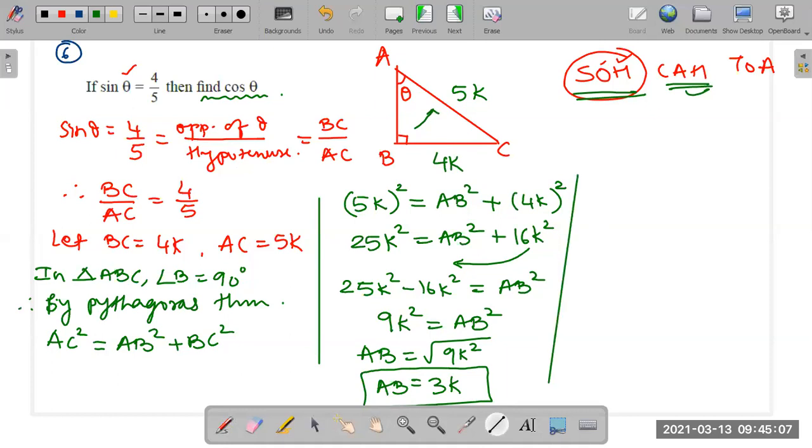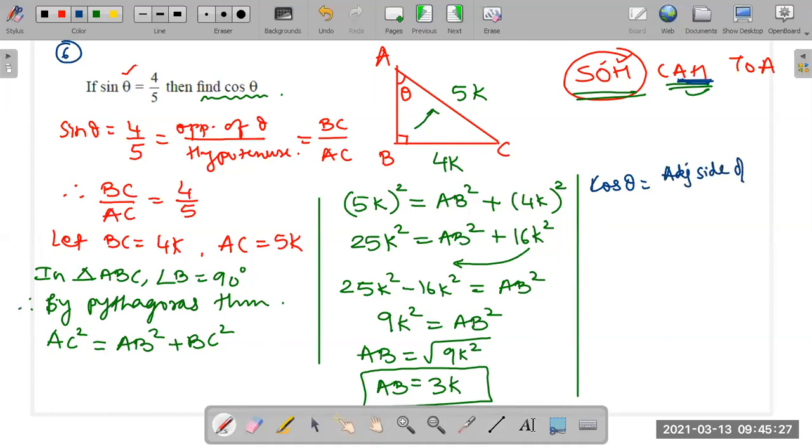And now we can easily find cos theta. What is cos theta? Cos theta is CAH, where A is the adjacent side and H is the hypotenuse. So the adjacent side of theta upon the hypotenuse.